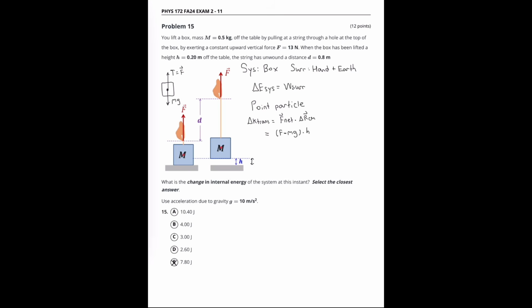From our previous equation, we can say that the translational kinetic energy plus the change of the internal energy is equal to the work done by our hand plus the work done by gravity. And this is an extended system now.